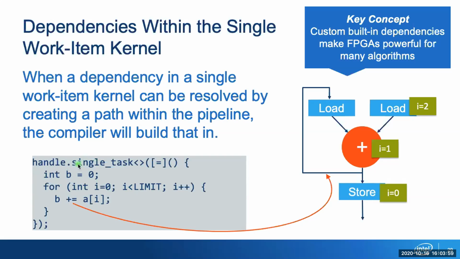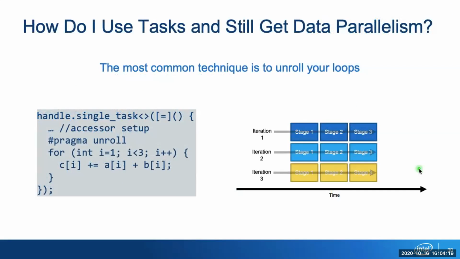So we don't have a parallel for, we have a single task running, but each clock cycle starts a new iteration, which is very fast, even with a slow clock compared to CPU and GPU. And how do I use a single task and still get data parallelism? We can improve these pipelines by unrolling some loops. So we replicate the hardware structures and do that in parallel.